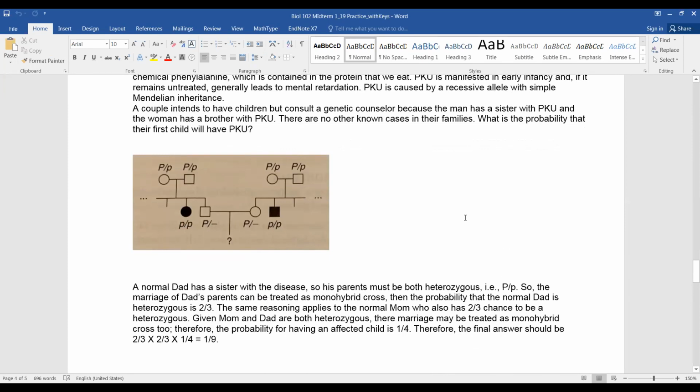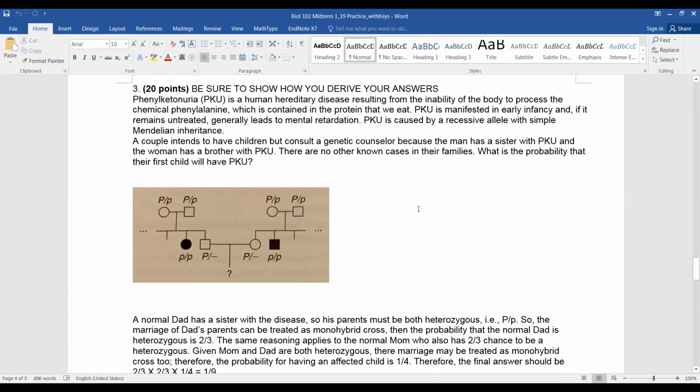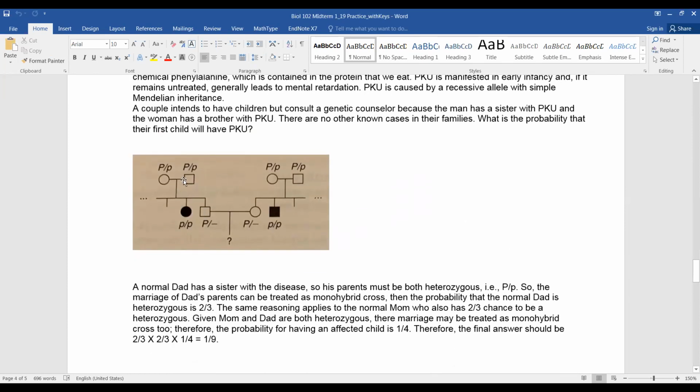So again, let me briefly talk about this. Here we're talking about this male and this female who want to marry, and they want to figure out what the chance is that their first kid will have the disease. This man has a sister who is affected by the disease, and this woman has a brother also affected by the disease.